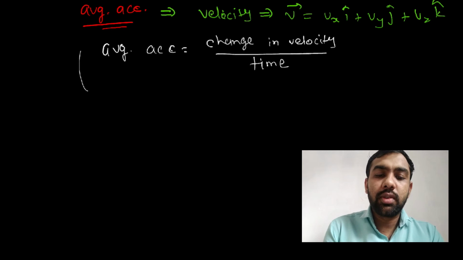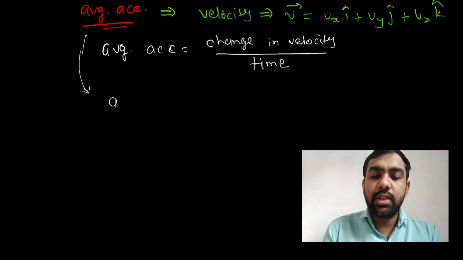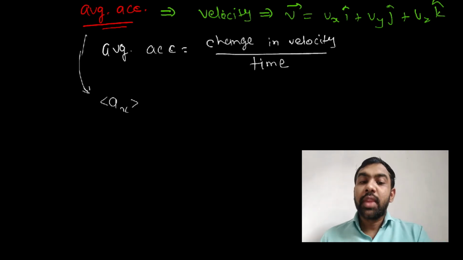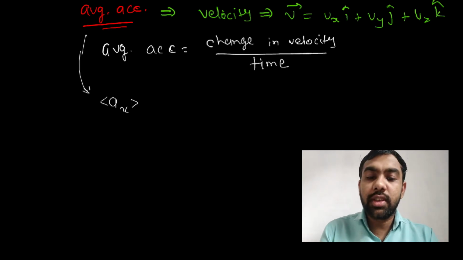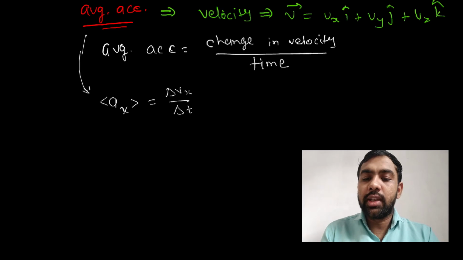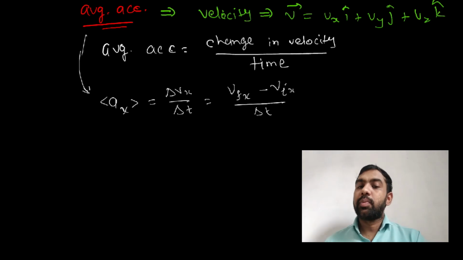So from this, what is average acceleration along x direction? सेपरेटली काउंट करना है, तो x डायरेक्शन का एवरेज एक्सेलरेशन कैसे फाइंड करना है? डेल्टा vx अपॉन डेल्टा t, मतलब कि v फाइनल x माइनस v इनिशियल x अपॉन डेल्टा t.